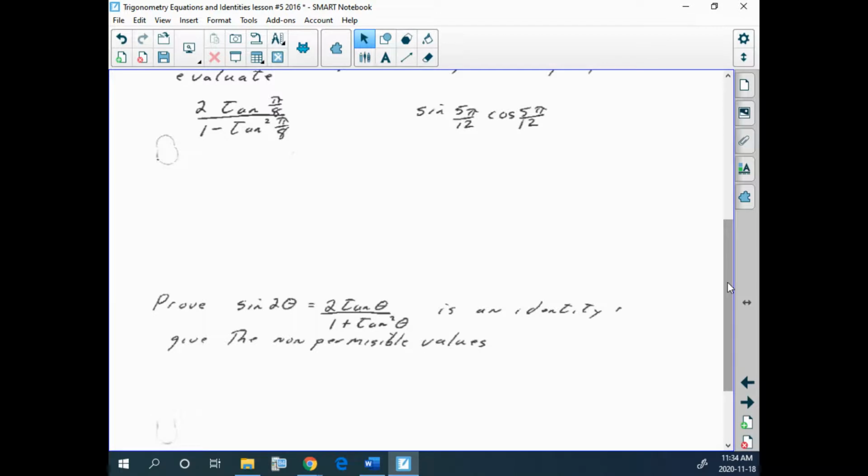Okay, well, 2 times 5 is 12. Yeah, 2 over 1 times 5 is 12. When you get that, it reduces down to a fraction with an angle you already know.